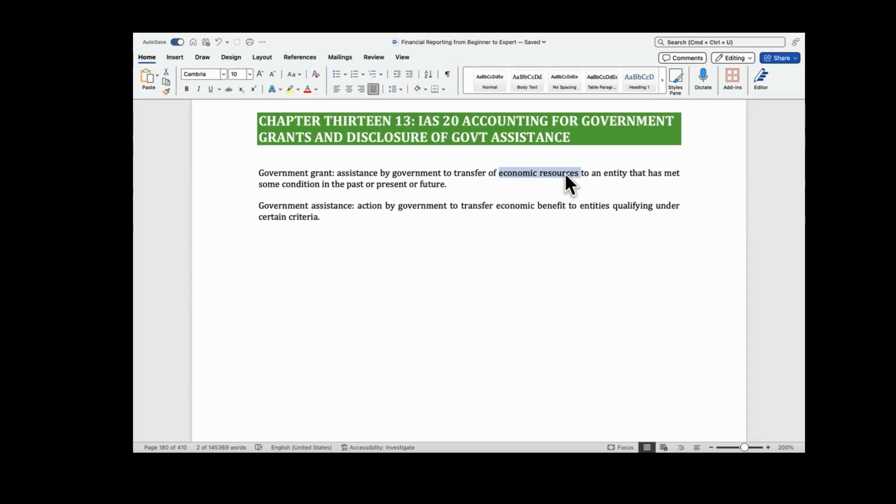That's a grant. Or a company needs a loan. Government now says, okay, instead of you to get this loan at 20%, we are going to give you this loan and you're going to pay interest at 10%.